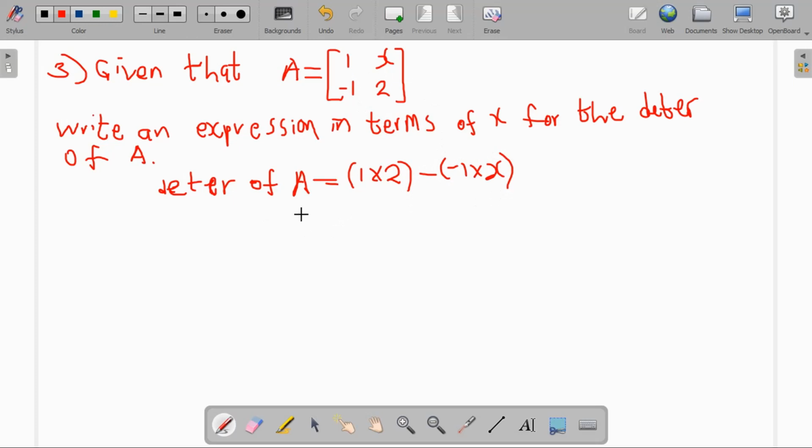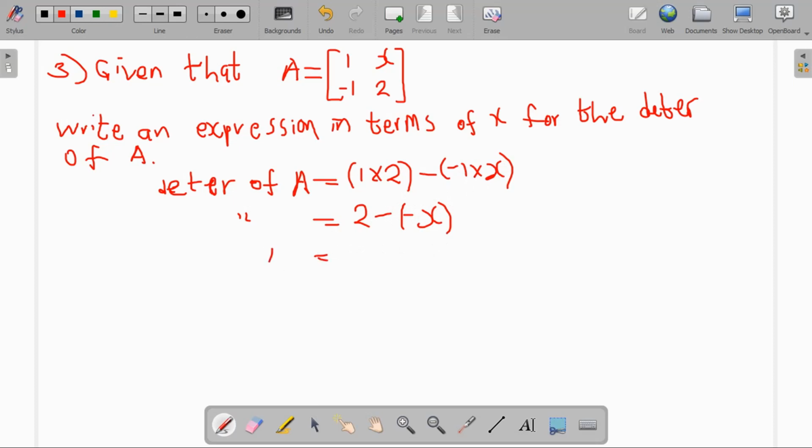So 1 times 2 gives us a 2, minus -1 multiplied by x gives us a negative x. We close.